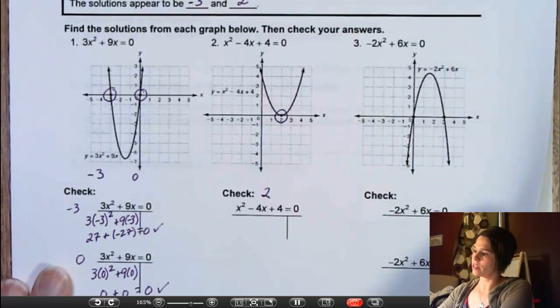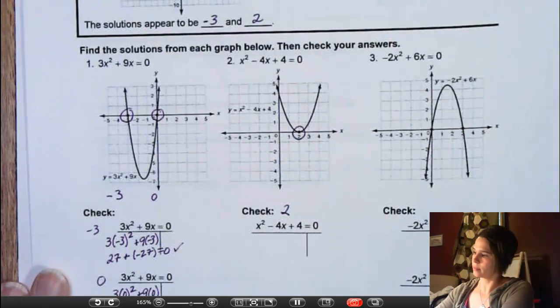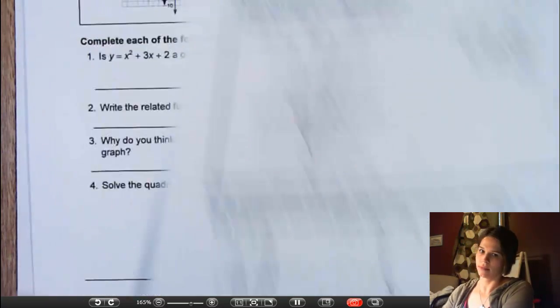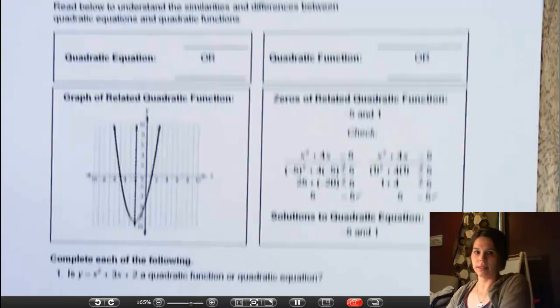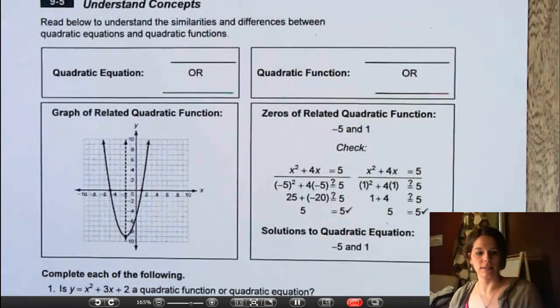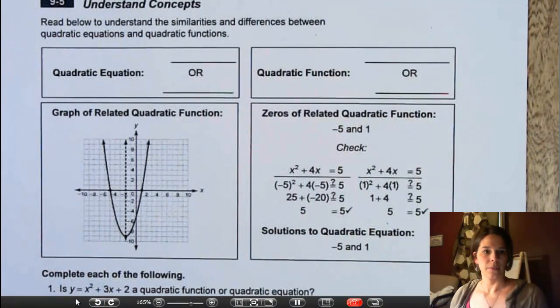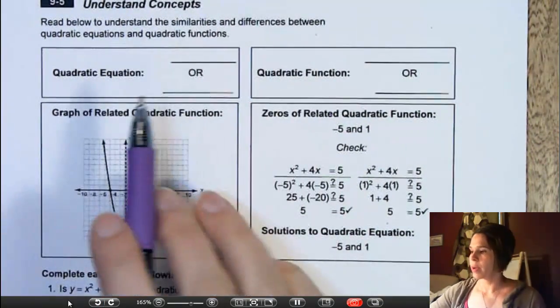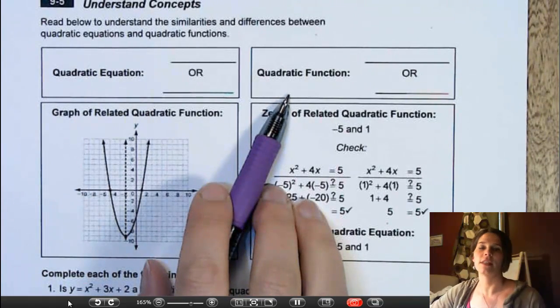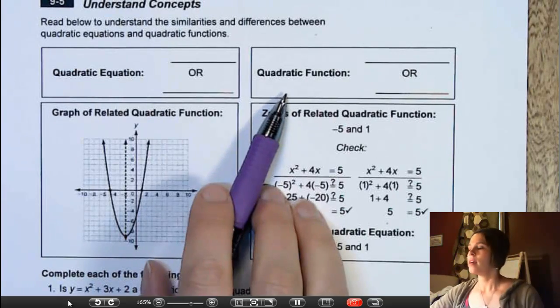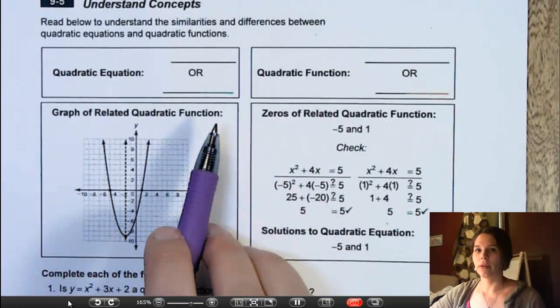If we move on to the back side, let's take a look at some of this. So we have a difference between quadratic equations and quadratic functions. The difference is very small, and I'm not going to be too picky about it this year.